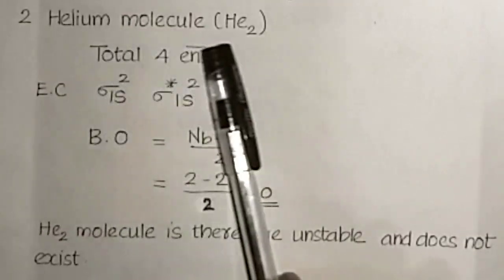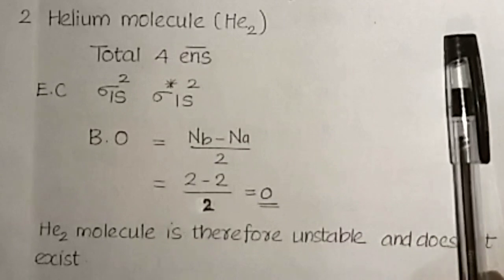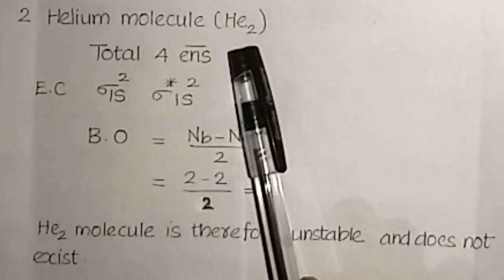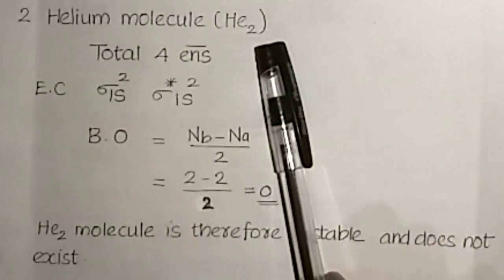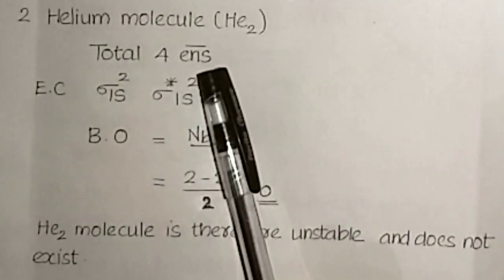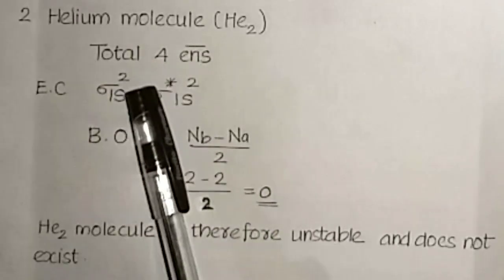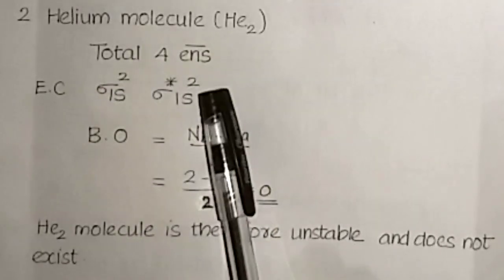Next molecule, helium, He2. You know, the atomic number of helium is 2. Here 2 helium atoms combine to form a helium molecule. So 2 plus 2, total 4 electrons. Then the electronic configuration is sigma 1s2, sigma star 1s2.